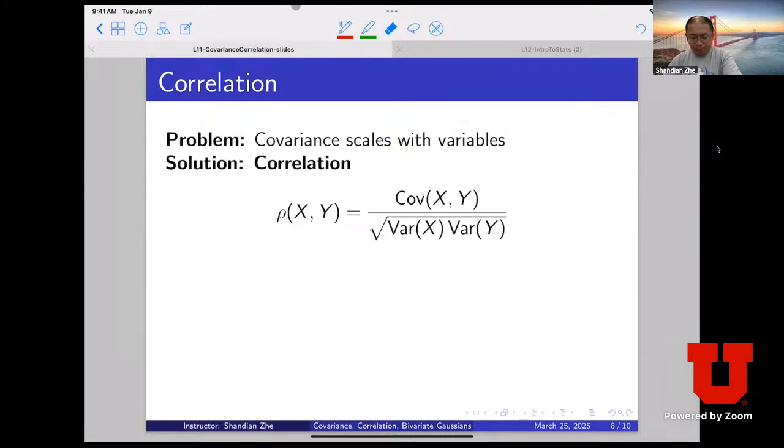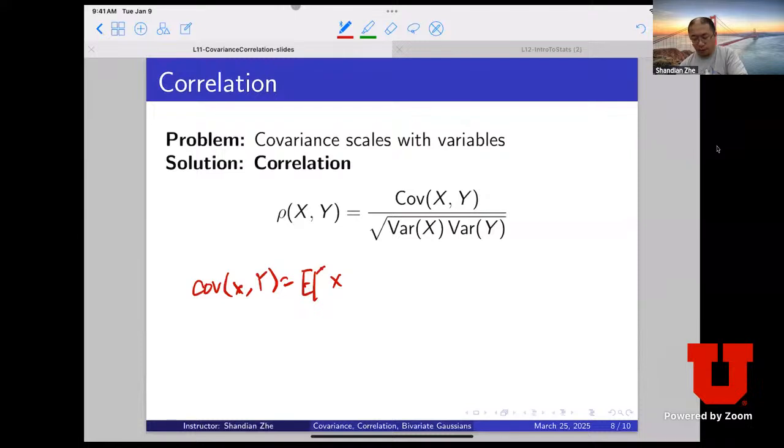So for the covariance, I'm going to write down the definition here. We know the covariance has two definitions. The original definition is an expectation of a function of two random variables.